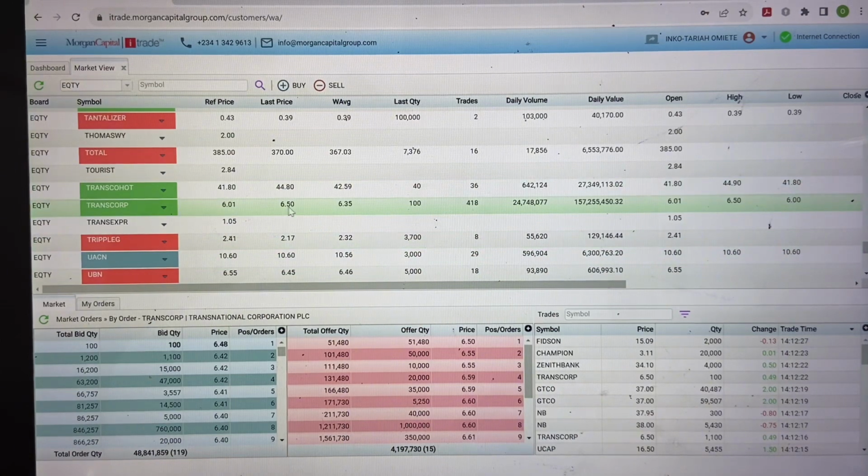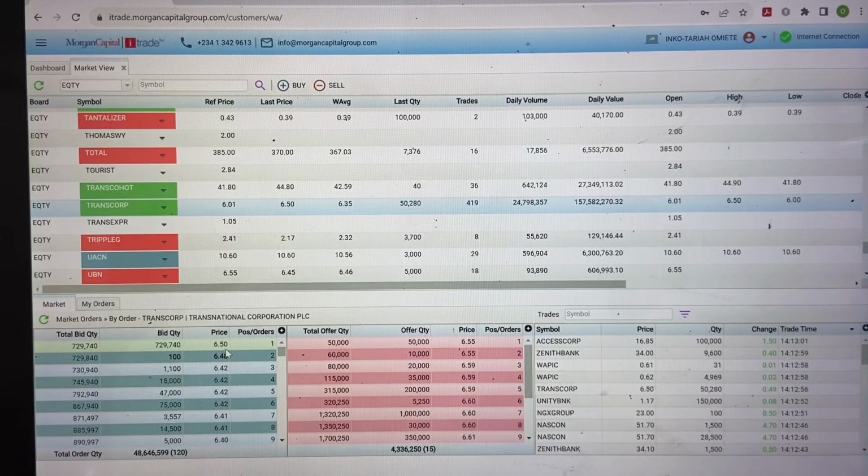So you can see that that transaction has reflected here ultimately. 100 shares, 6 naira 50 kobo per share, and it puts more pressure on the people here to try and buy because you can see the offers are reducing by the day and the market is about to come to a close. Let me refresh again and see what it looks like. 4 million shares versus 48 million shares.